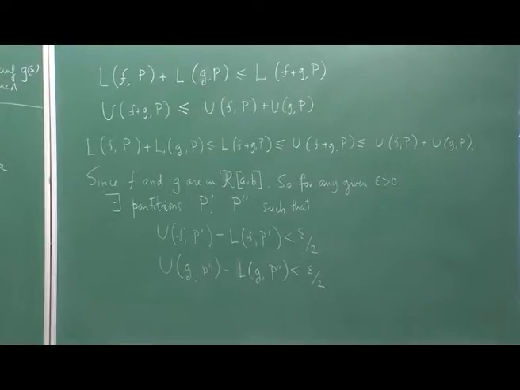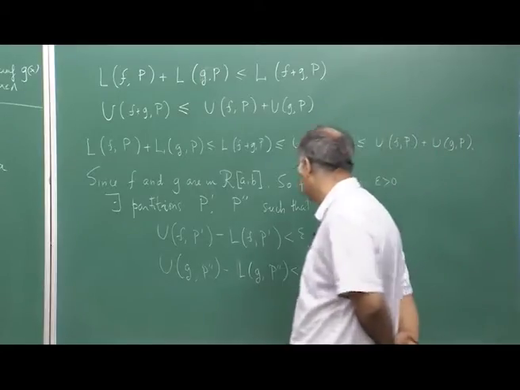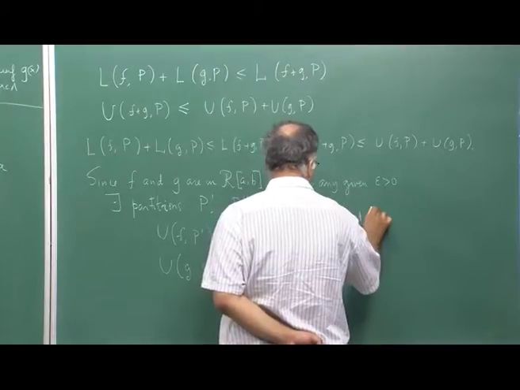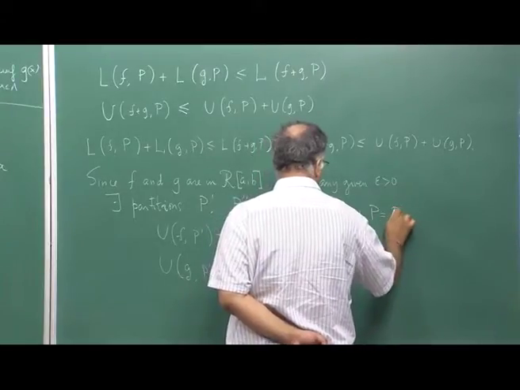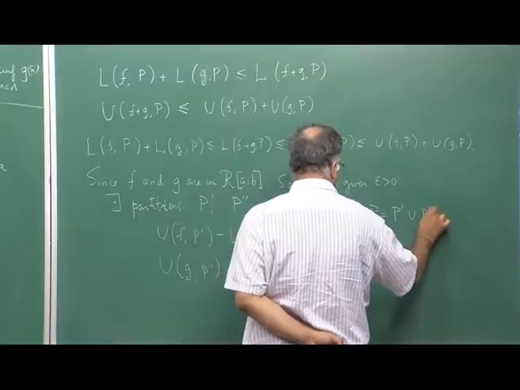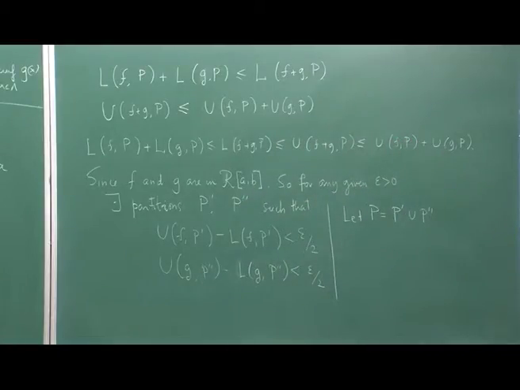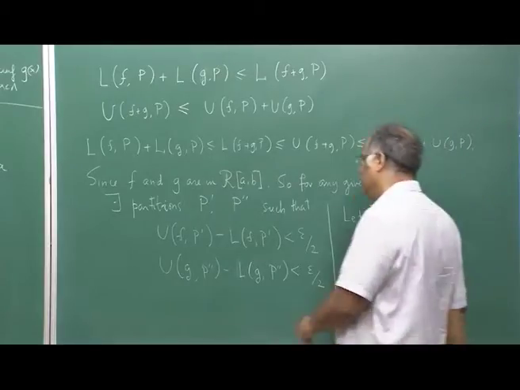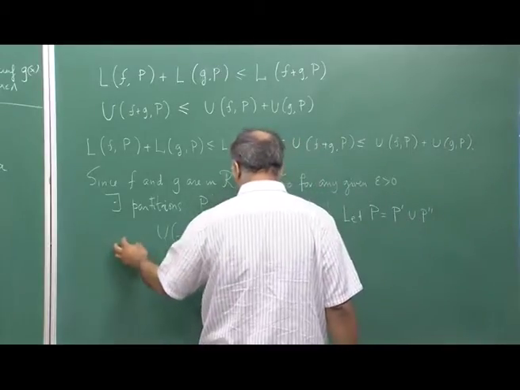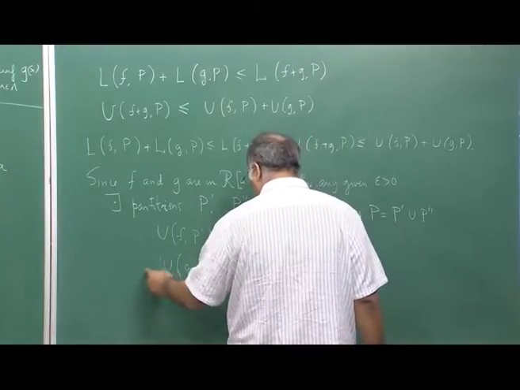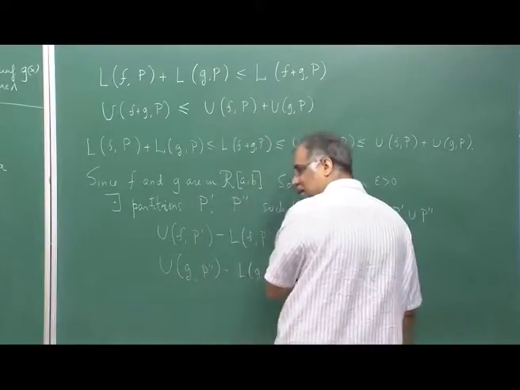Now, consider a P. Let P be the union of P dash and P double dash. Now, I leave you to do this formidable exercise: then U(f,P) minus L(f,P) is less than this, and U(g,P) minus L(g,P) is less than this, and hence less than this.